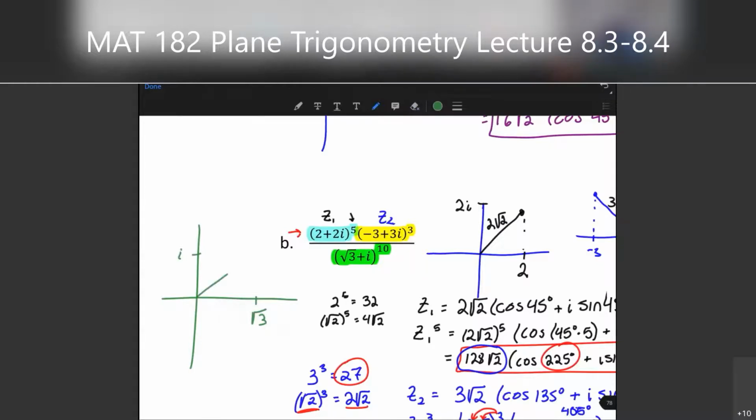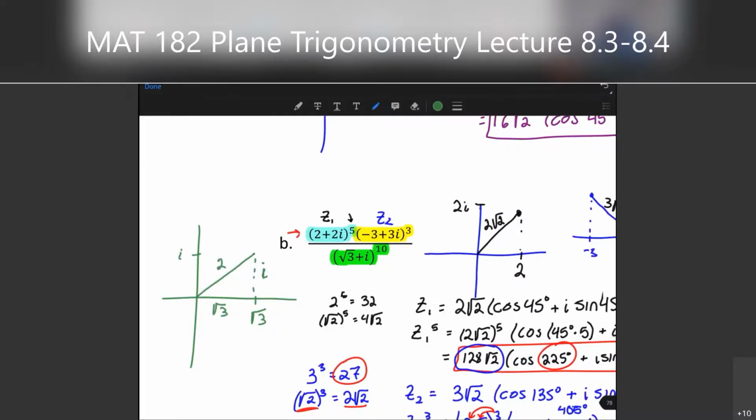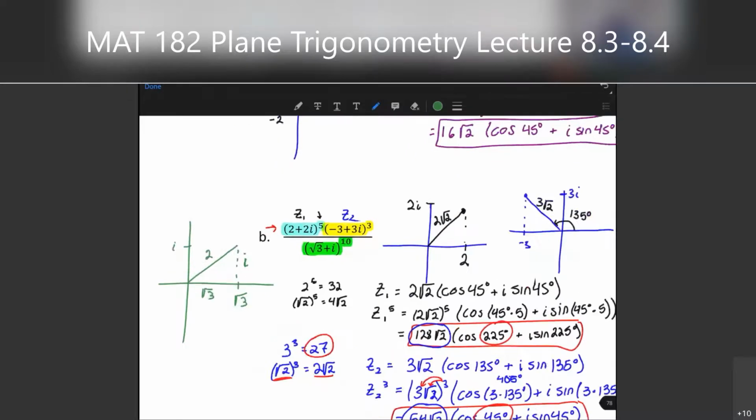So we really have a 30, 60, 90 sitting here. This is 1, square root 3, and that would be 2. So we do have a modulus of 2 in this last component.